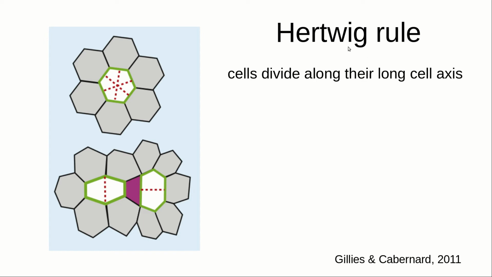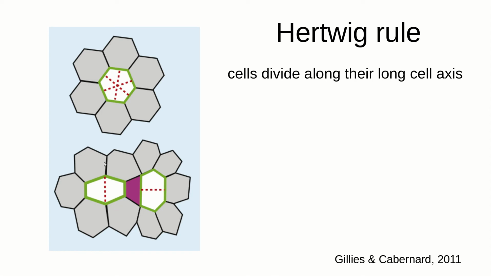It's Hertwig's rule, which states that cells divide along their long axis. Okay, so here in the top region you have a cell that is symmetrical, so it can divide in any direction because it doesn't have a longer axis. However, in the lower region you have two cells which are not radially symmetrical, so they have a longer axis and a shorter axis, and their division will be determined by this.